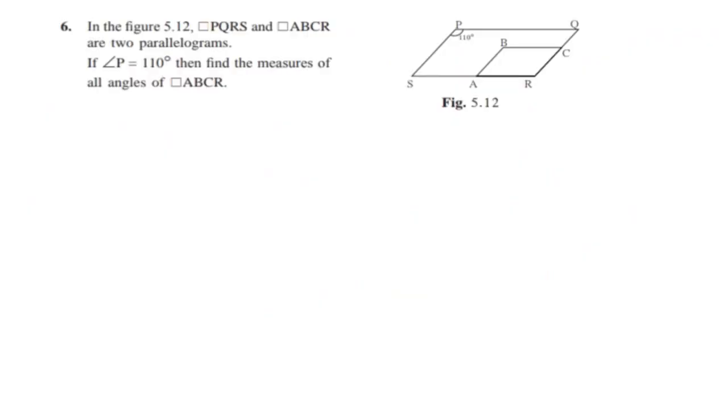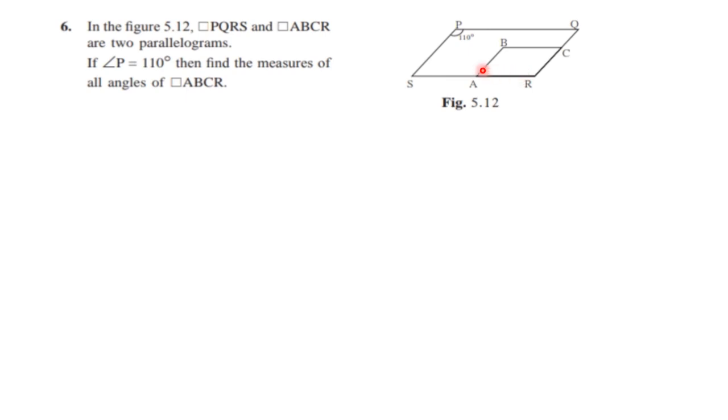The next sum says in the figure PQRS and ABCR are the two parallelograms. Okay, these two are the parallelograms. Angle R is 110 degree. Then we need to find the measures of ABCR. So they have given us only the measure of one angle, but they have given us that these two are parallelograms.